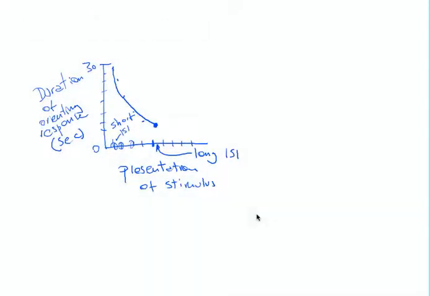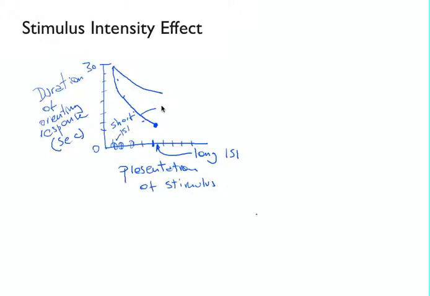The next one is the stimulus intensity effect. And that simply says that the stronger, the more intense the habituated stimulus is, the longer it's going to take to habituate. So again, I may draw a similar graph as I did before, where this one corresponds to a relatively weak stimulus.